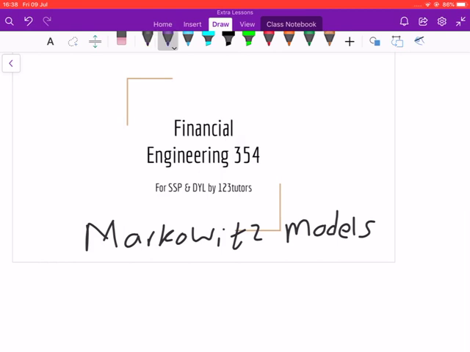We have our own desired portfolio return, our expected portfolio return, and we are trying to find the minimum risk. So Markowitz model will help us to find the minimum risk for a specific portfolio return.